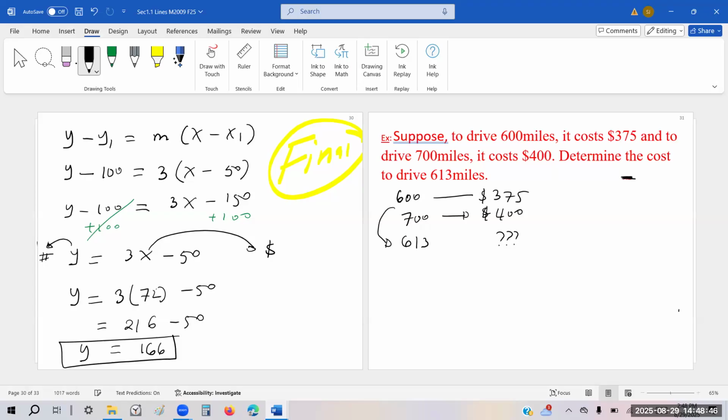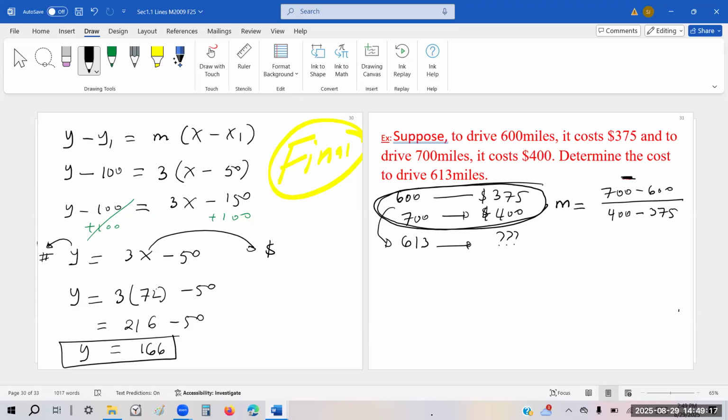Then 613 needs how much? So this is going to give us our slope m. 700 minus 600, 400 minus 375. So what is your X here?